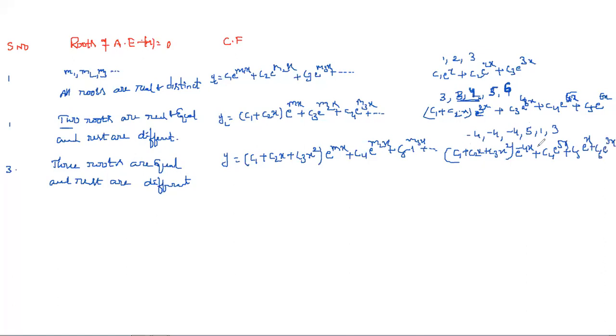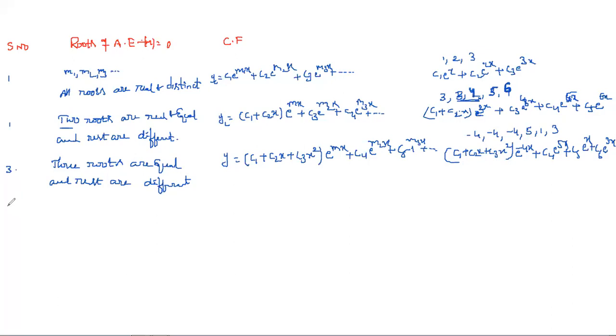Like this you need to write. Got it? Real and distinct, completely different. If 2 are equal and the rest distinct, or 3 equal and the rest distinct, or 4 equal, in that case we get C4 x³ and e^(whatever is the equal root).